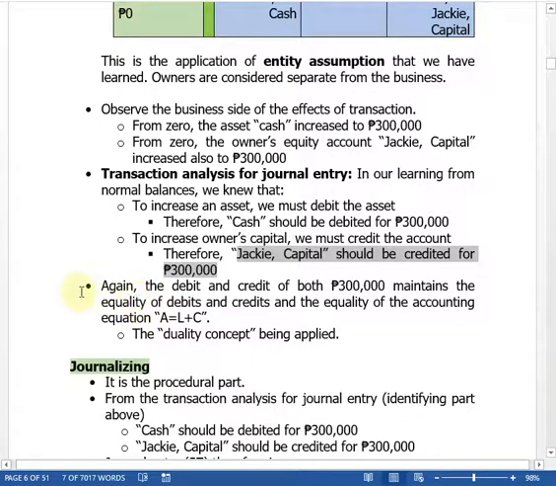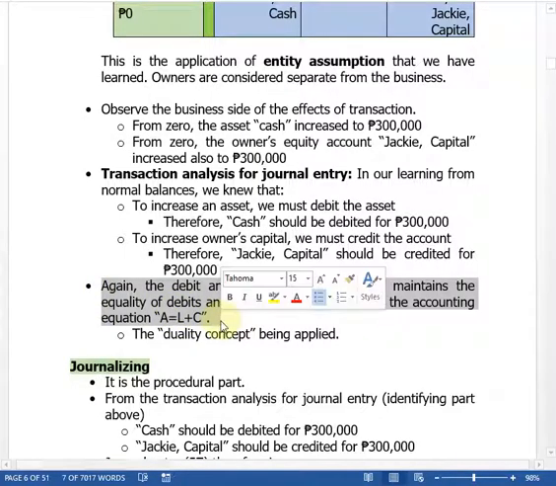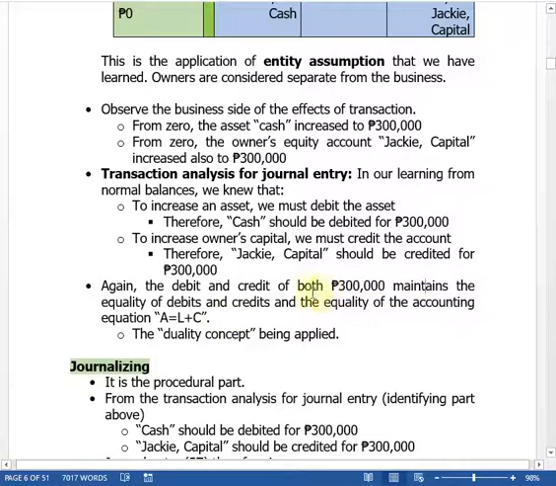Okay? So this part is also in consonance with the duality concept, that the debit and credit must maintain the equality at all times, and that there must always be at least two accounts affected.